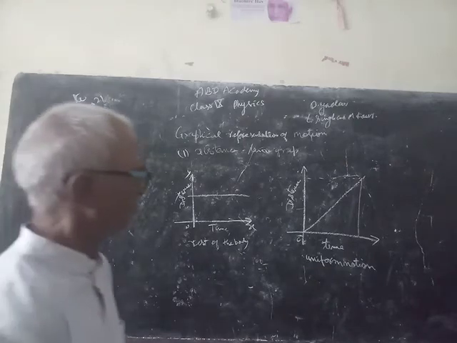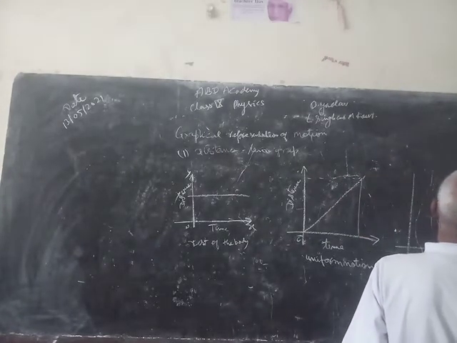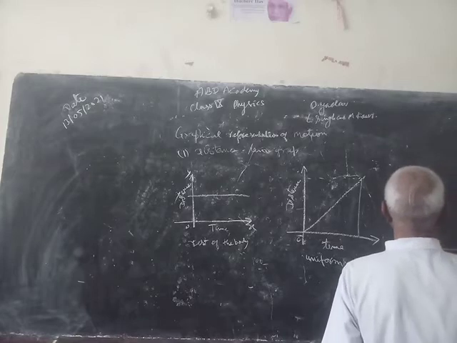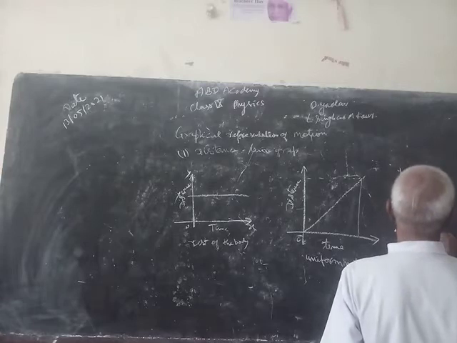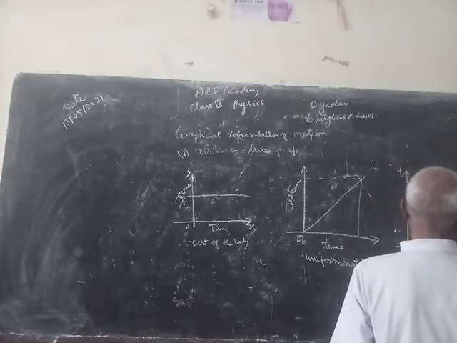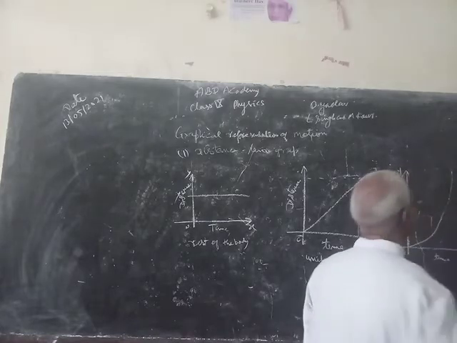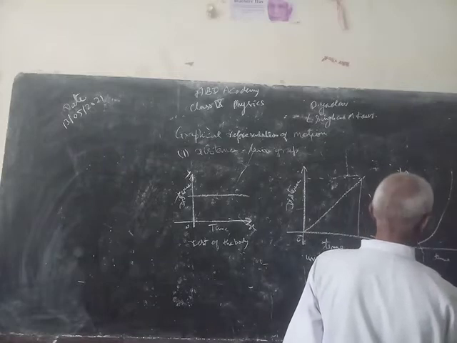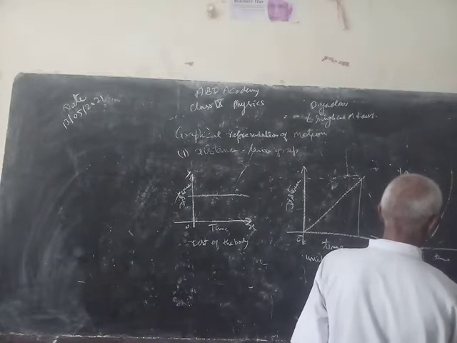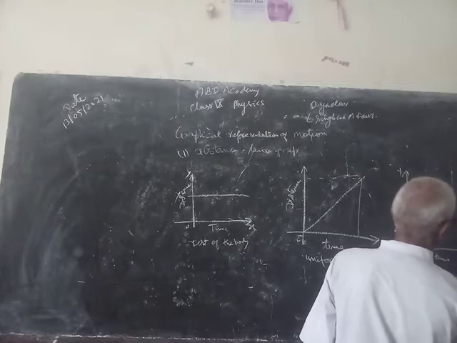Similarly, if the body's motion is not uniform, if there is non-uniform motion, then the graph will be like this. It means as time is going on, distance is increasing more rapidly, which is accelerated or non-uniform motion.